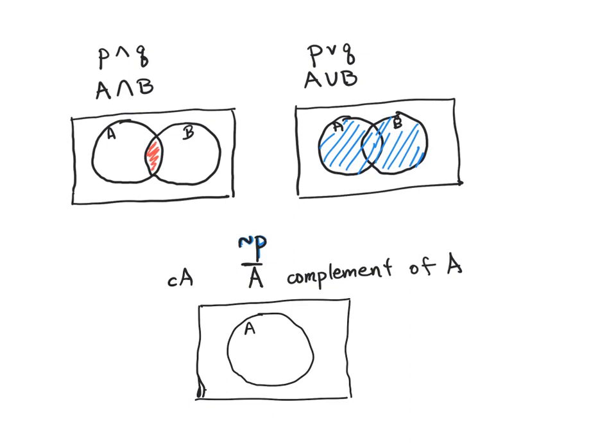If this is the world of A, the complement of A would be everything outside of that. So this would be the negation of A. So this is not A. And all of the theorems that we're going to prove with logic and truth tables can be done with Venn diagrams, as we will see in future lessons.